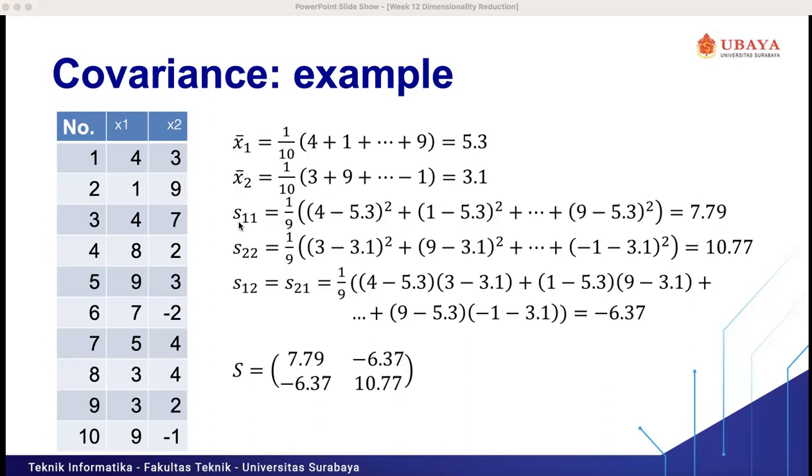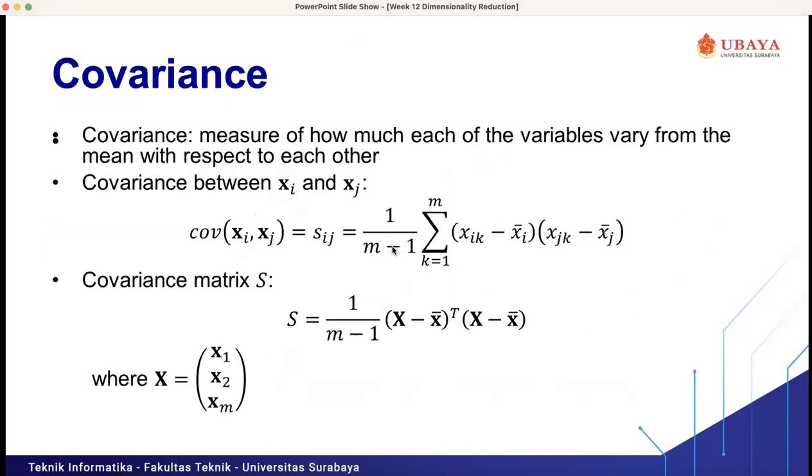The covariance between x1 and x1, S11, is the covariance for x1 and x1. S22 is the covariance for x2 and x2. To calculate S11, it will be 1 divided by 9, using this formula.